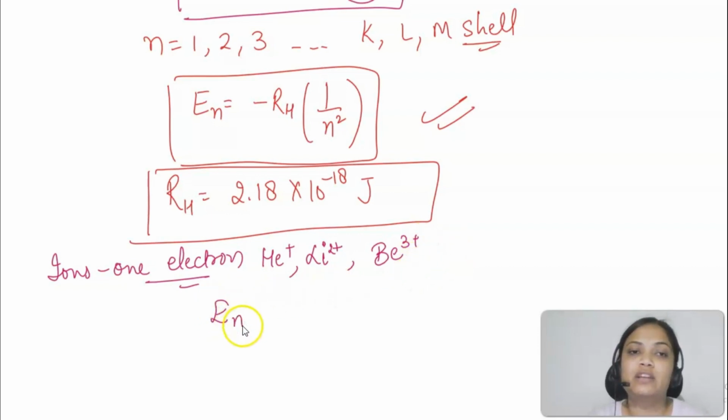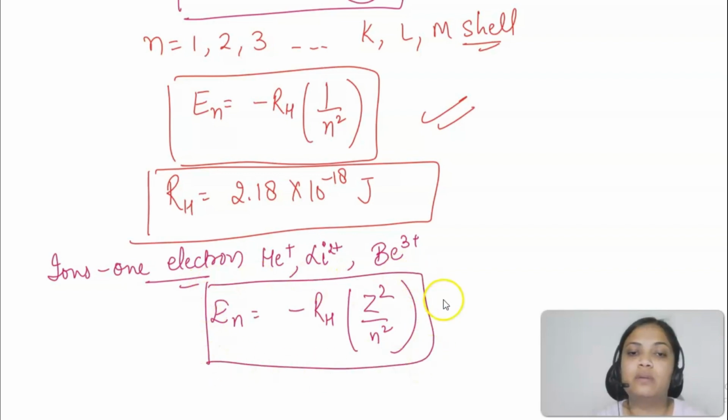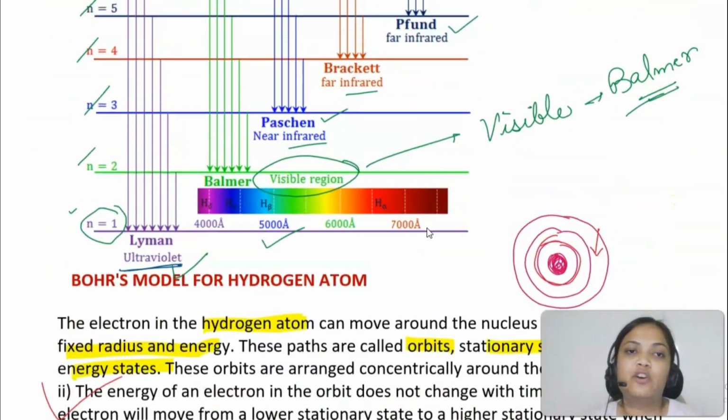So in this case the energy will be given by minus R_H into Z square upon n square, where Z will be the atomic number, in joules. So we will be using this formula to calculate the energy for the hydrogen-like species having one electron only.